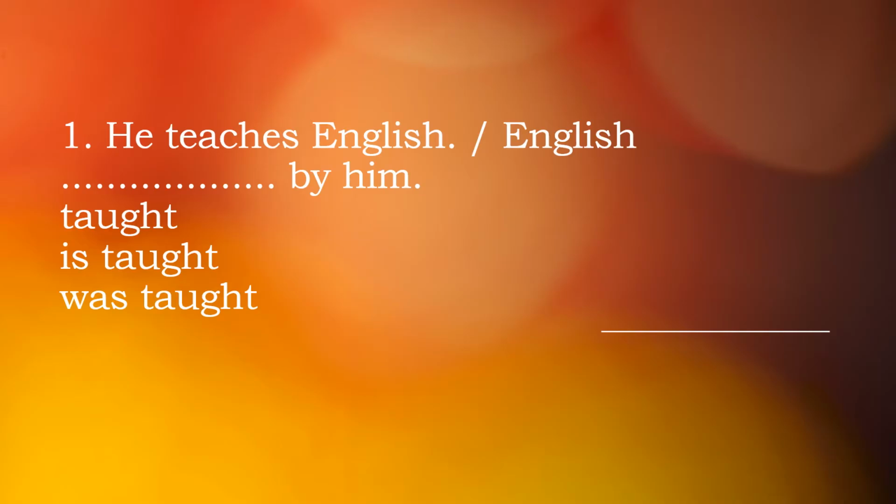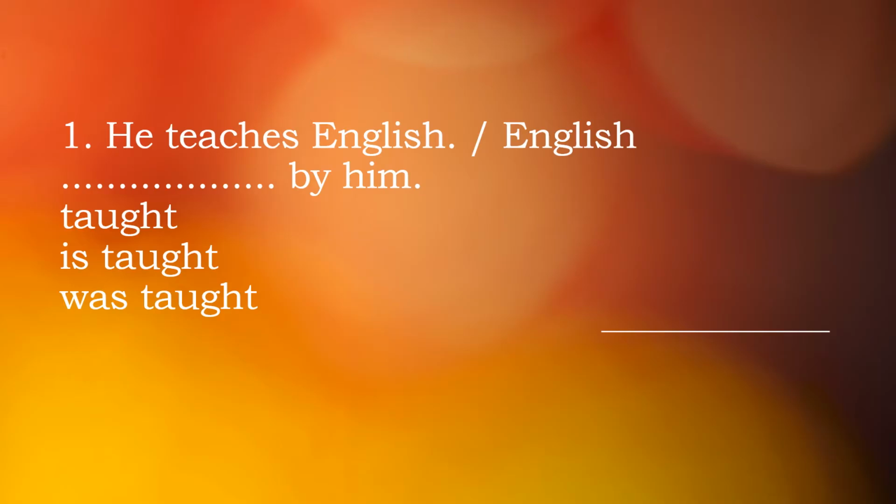So I keep it blank and options are given. First you have to notice what type of tense the sentence is. He teaches English. It's actually present simple tense. What we learned, in case of present simple tense, we take the object as subject, then am, is, are, then be3, then by, then the objective form of the subject.